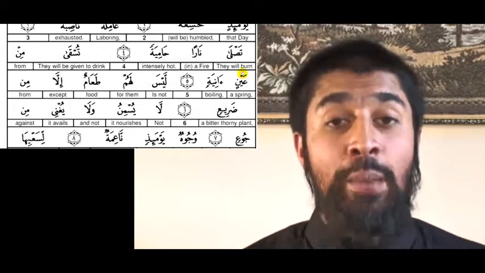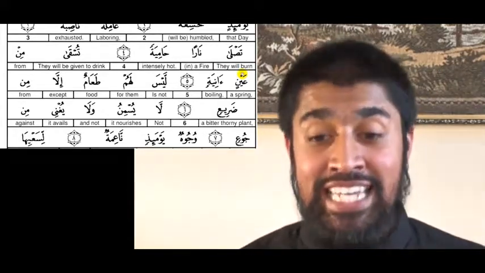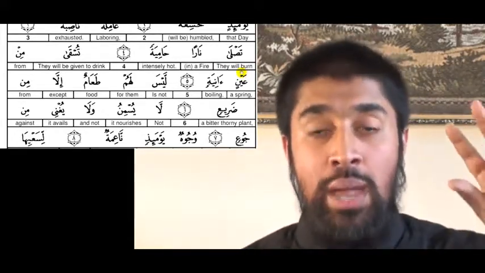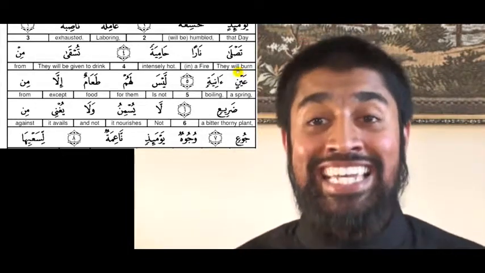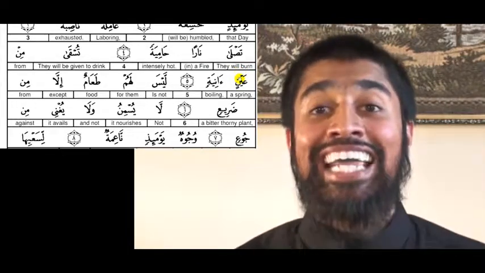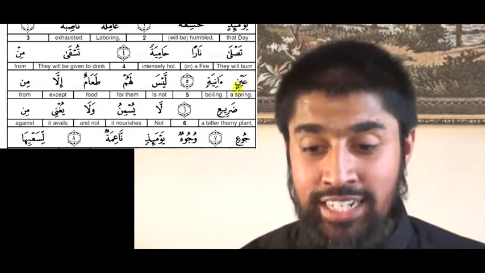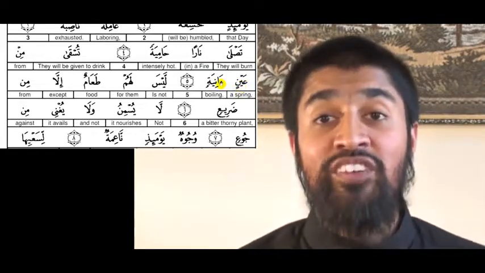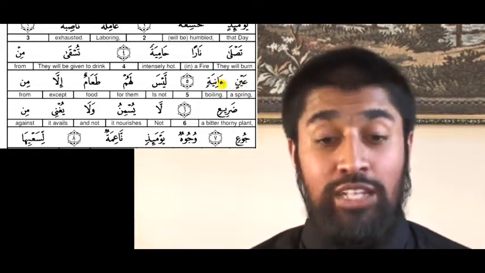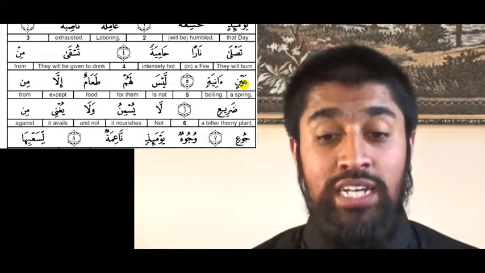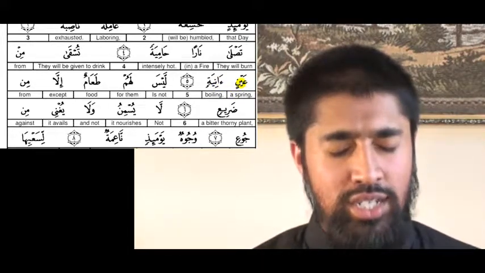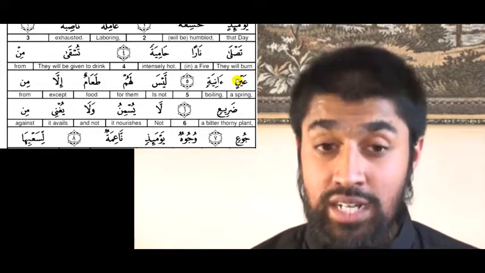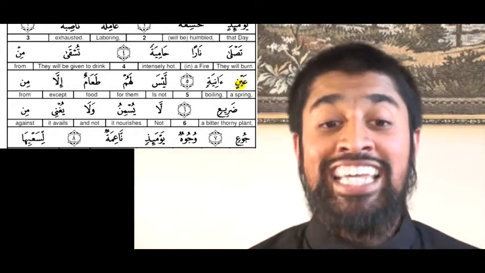Tongue not touch. Min aynin. Commit to the sound. Min aynin. Again, tongue not touch. Two lines on the bottom, followed by the letter Hamza. So it's in the throat. Tongue touch. It's tongue touch.